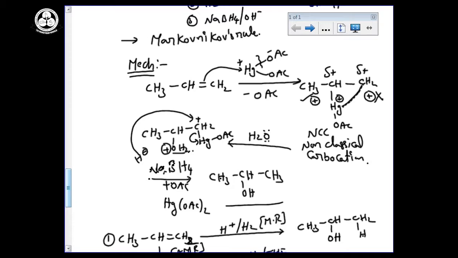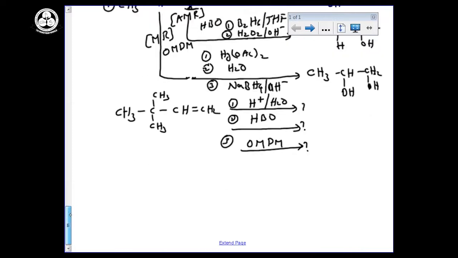But in oxymercuration and demercuration, we follow the Markovnikov rule, but it is not a carbocation. It is a non-classical carbocation, which is more stable than a carbocation. If the reaction intermediate is a carbocation, yes, we have to follow the rearrangement. But for non-classical carbocation, there is no rearrangement. So carefully observe and tell me the answer for the last question.